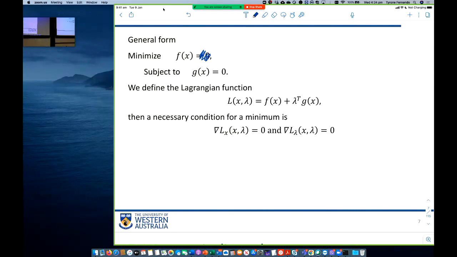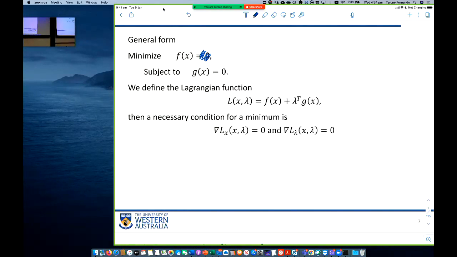So lambda is a vector, because if g is a vector, let's say g1, g2, g3, we have 3 functions, then we have lambda 1, lambda 2, lambda 3, right? So it's a vector. Lambda transpose g(x), that's the Lagrangian function.